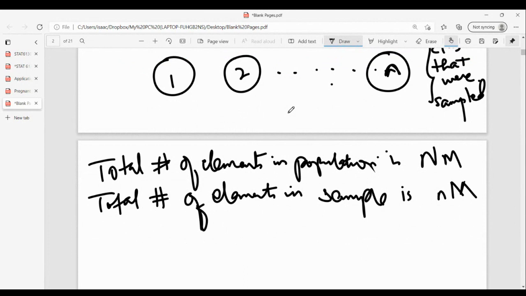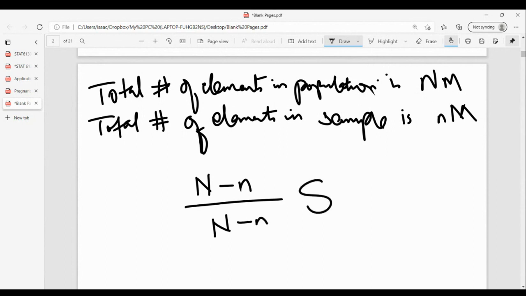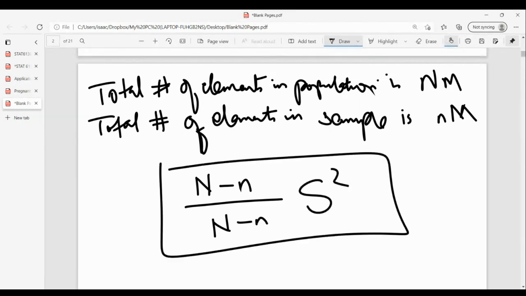So that's why, when you're doing simple random sampling without replacement, what you'll normally put down is N minus small n over N, right? And then you'll put S squared, right? So this is what we normally put down when we use SRS without replacement for a single population, right?